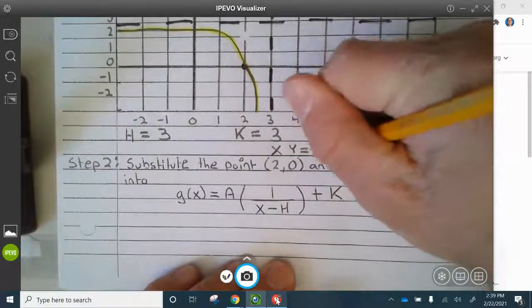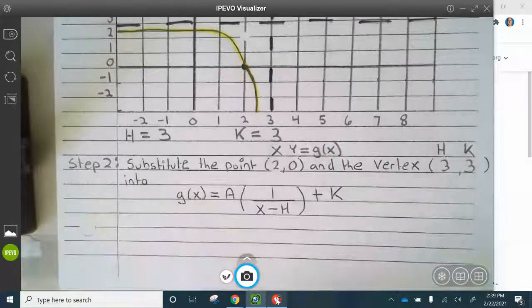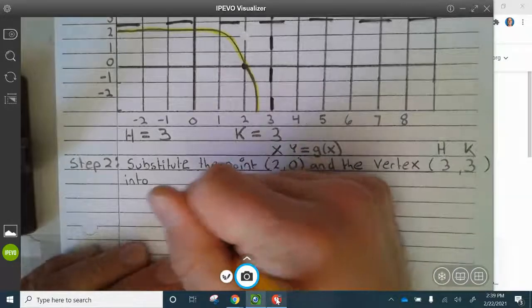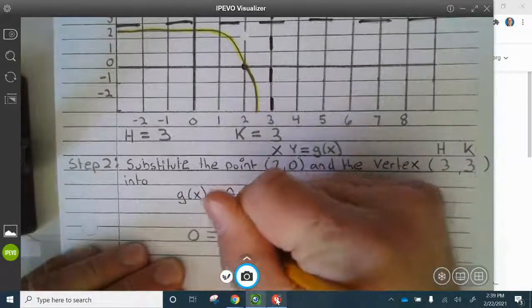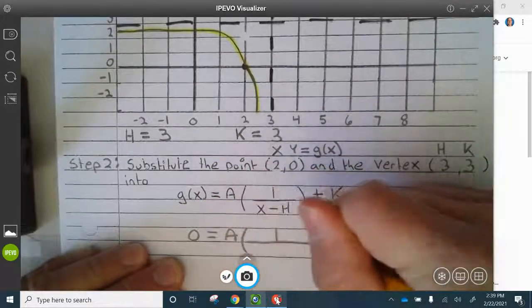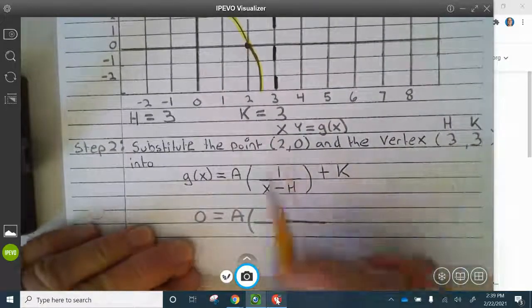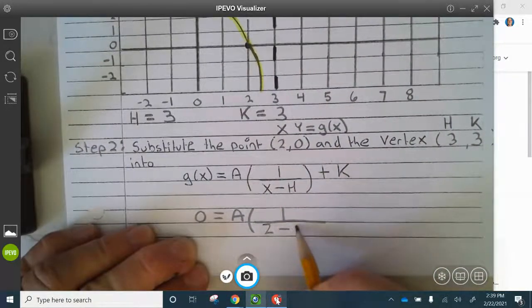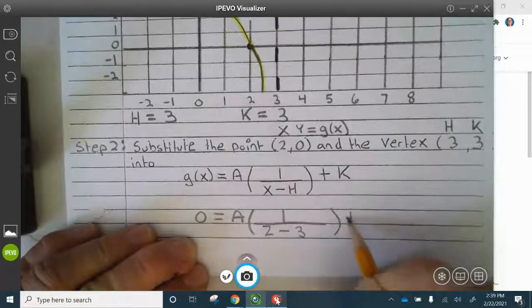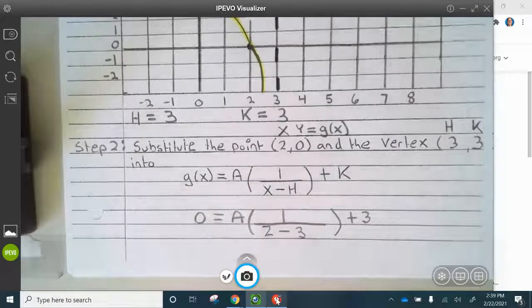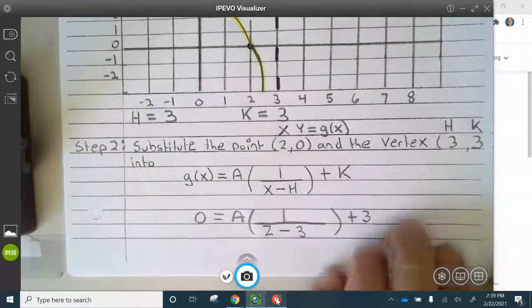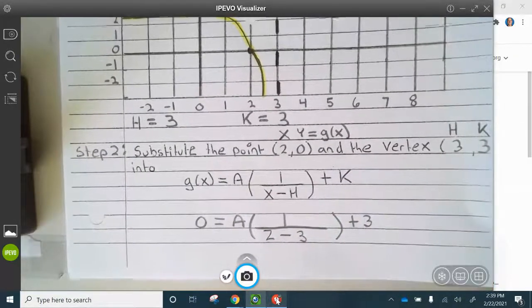All right, let's move on to step 3. Solve for a when 0 equals a times parentheses 1 divided by 2 minus 3 plus 3. Okay, so we have 0 equals a, parentheses 1 divided by 2 minus 3 is -1 plus 3.